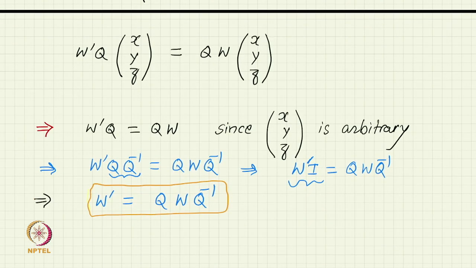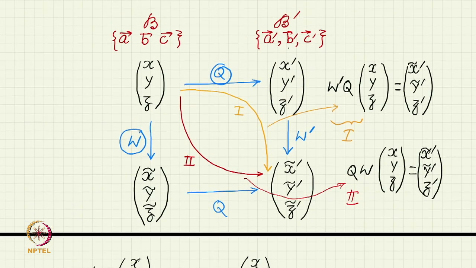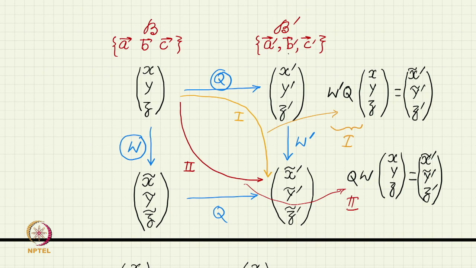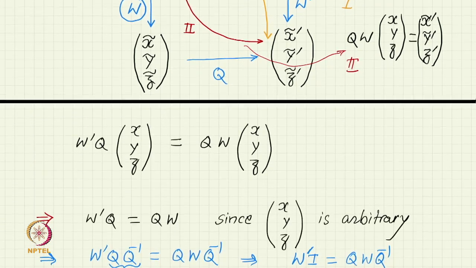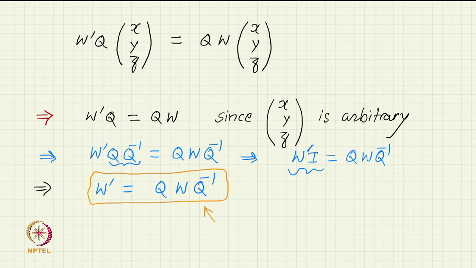That is the first thing which Q inverse does. Q inverse brings you back from B prime to B, and then you know the transformation, and that is W. So, after Q inverse you multiply W, reading from right to left.